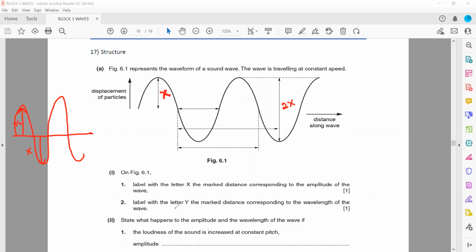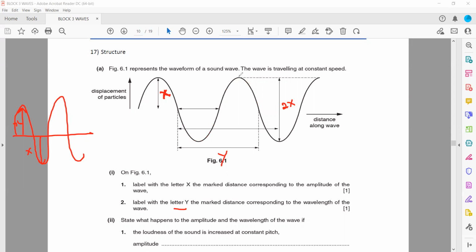Then label with letter Y the corresponding wavelength. Wavelength is the length of one complete wave, or the distance between two successive crests or troughs. So you can label this as Y, because this is one complete wave representing a wavelength, or the distance from one crest to another.